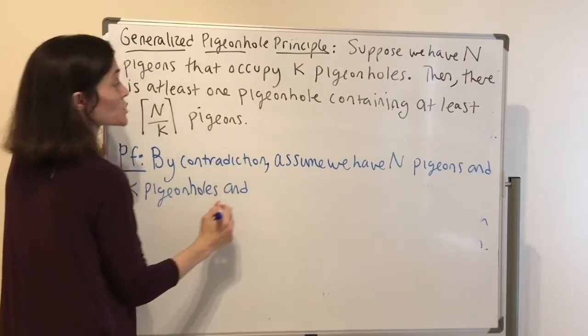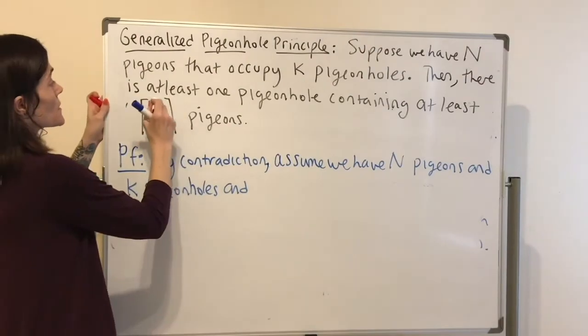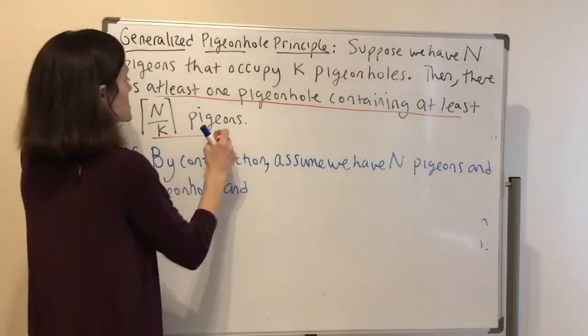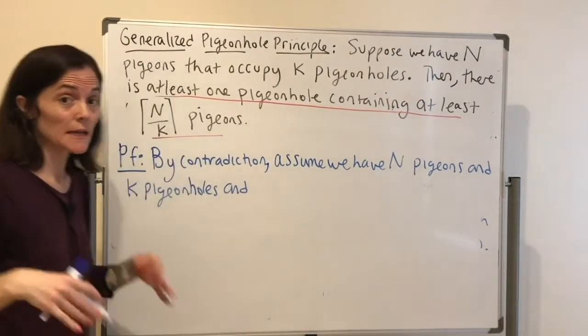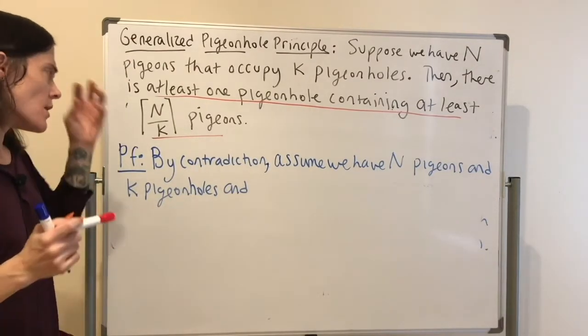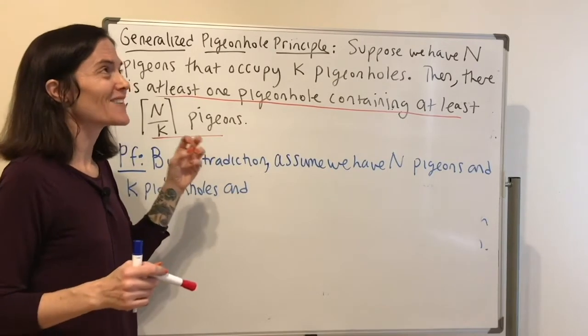And what we're trying to assume, let me underline it, there is at least one pigeonhole containing at least this many pigeons. This is what we need to assume is not true, right? In order to get a proof by contradiction. So, at least one pigeonhole containing at least N over K pigeons.